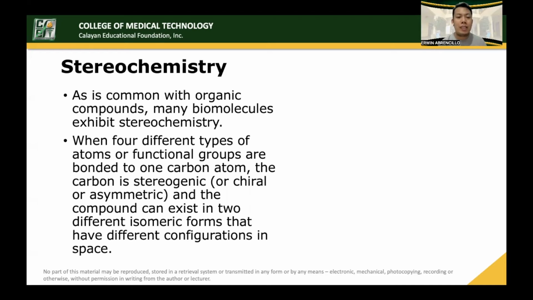But in this case, if there are four different types of atoms bonded in the carbon, it is known as a chiral molecule or asymmetric. So for example, in this one, carbon is found at the center. There are four different types of atoms.